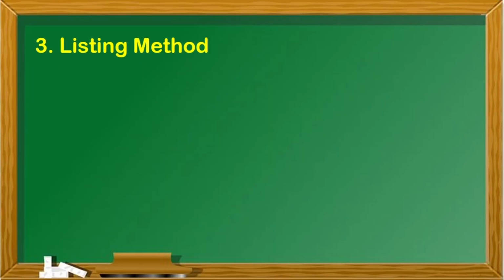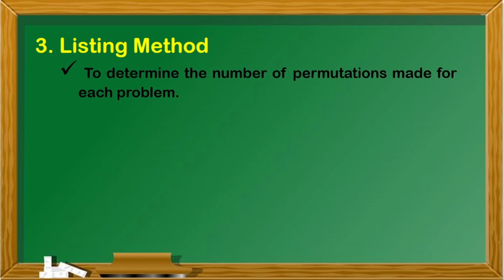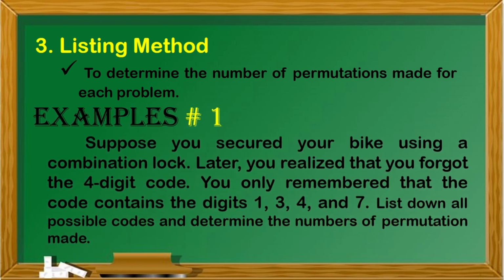The third method is the listing method. It determines the number of permutations made for each problem. Example: suppose you secure your bike using a combination lock. Later, you realize that you forgot the 4-digit code. You only remember that the code contains the digits 1, 3, 4, and 7.